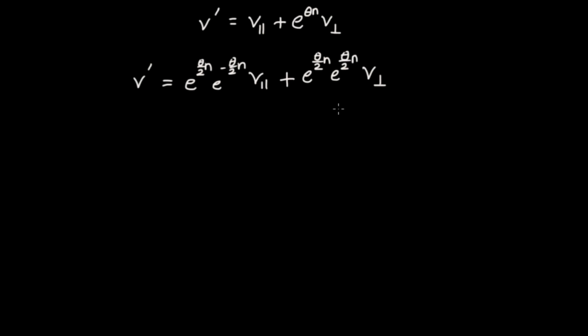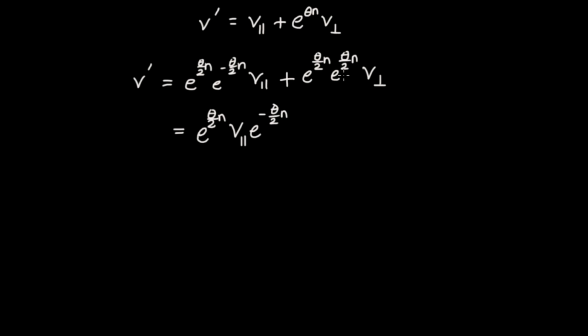Now I'm going to use those little tricks, those facts that I just proved. Now I'm going to look at e to the minus theta over 2 times n and v parallel. Now I know those two quaternions will commute. So I'm going to rewrite this first quaternion as e to the theta over 2 times n, then v parallel, times e to the minus theta over 2 times n.